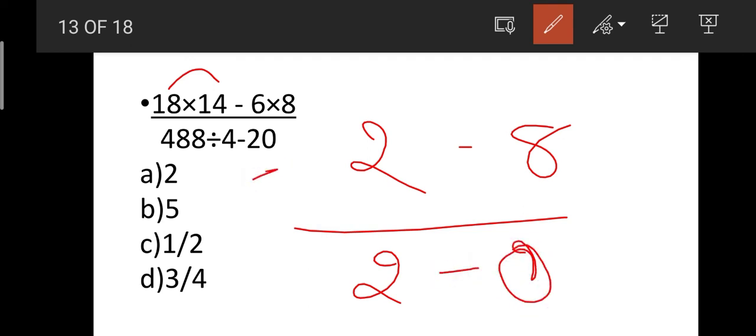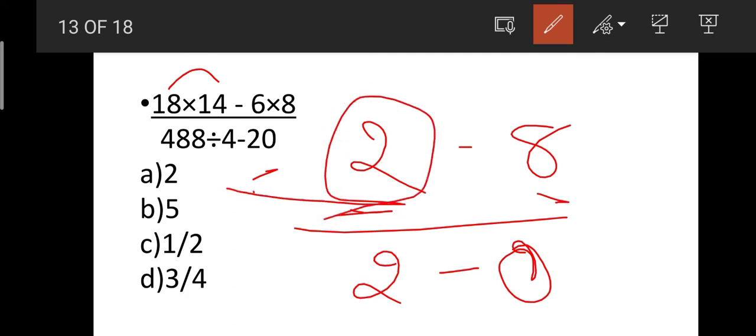If we take a number ending with 2 and subtract a number ending with 8, then the resultant should end with 4.